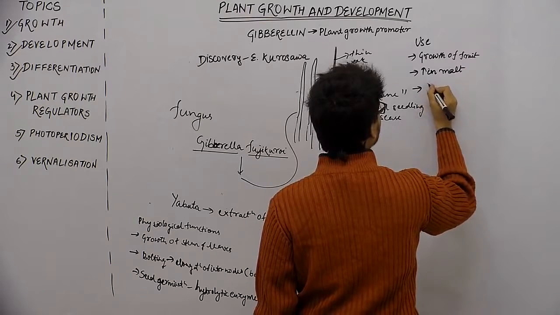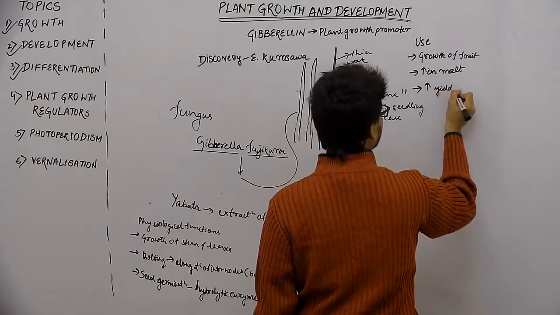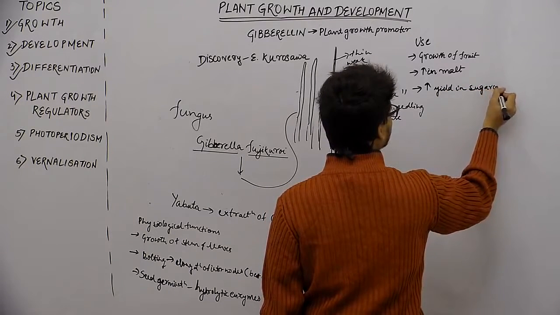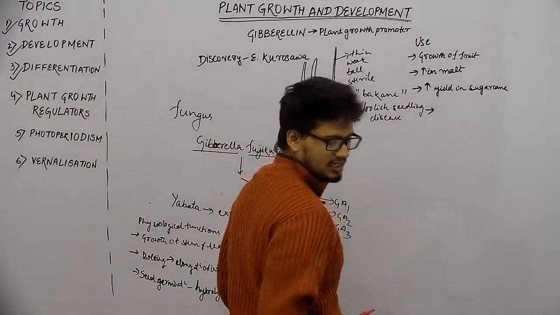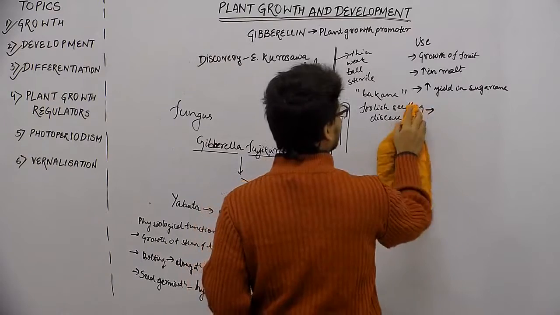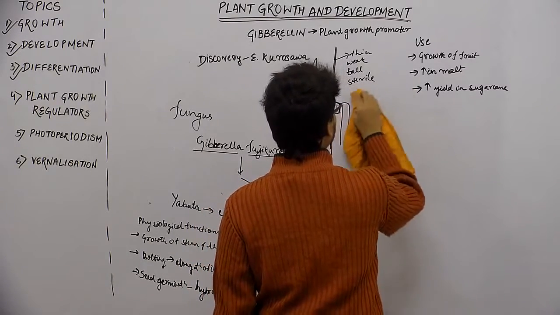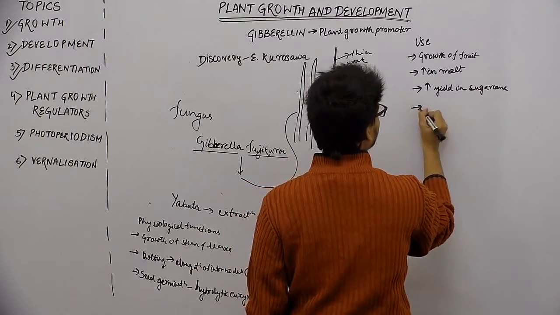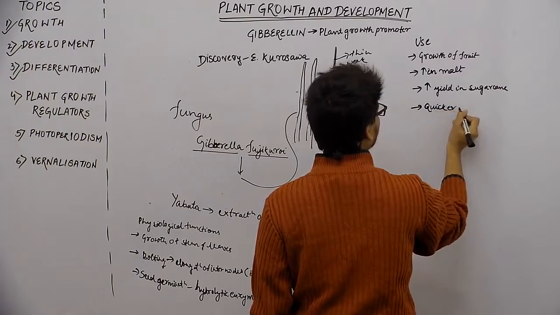It causes increased yield in sugarcane, plus gibberellic acid also causes quicker maturity.